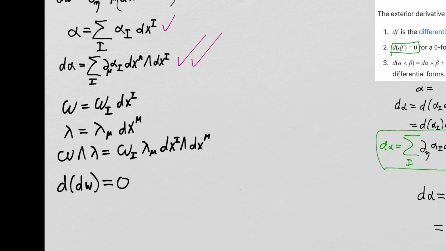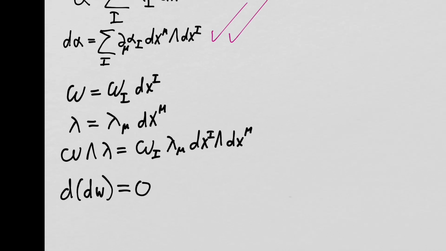Let's see, what were these other two? Maybe I should have done this one earlier, but if omega is a k-form, using this sort of Einstein sum notation over an index set of increasing indices, and lambda is a one-form, this is a one-form right here, because mu is just a regular old index, not an index set.